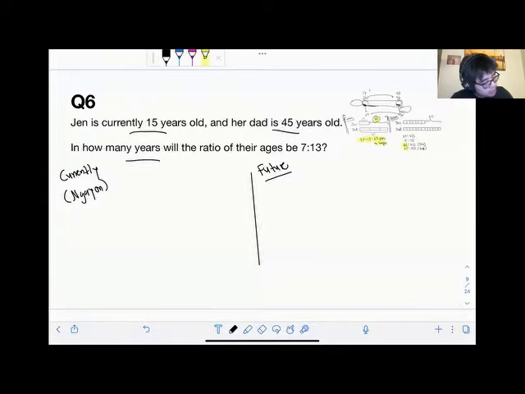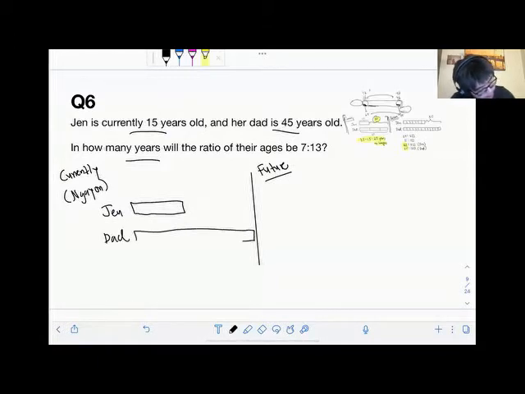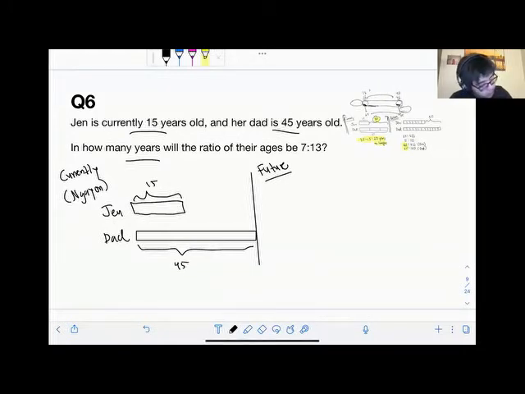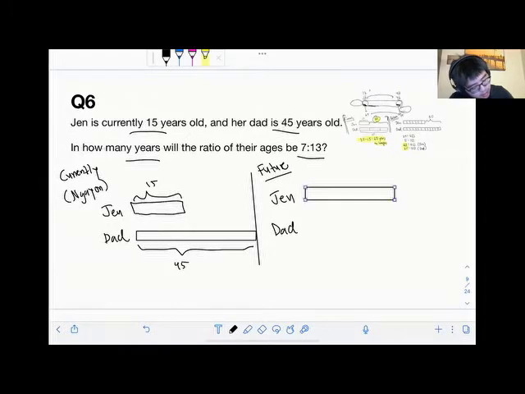So currently, si Jen, 15, and si Dad, 45. In the future, yung ratio nila, si Jen, 7 boxes, at si Dad, 13 boxes.